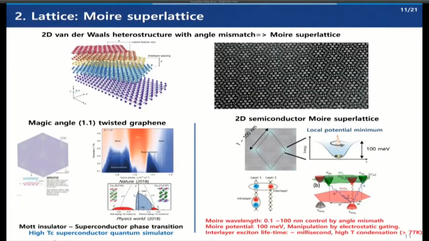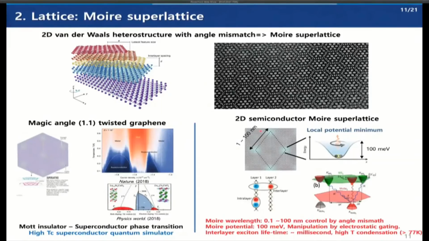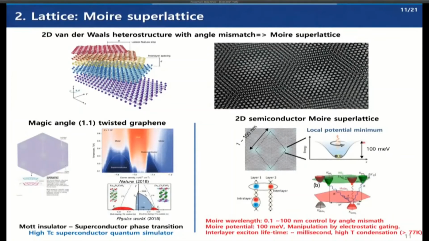We will use 2D semiconductors with a small angle mismatch, and then we form this kind of Moire pattern. Due to the interlayer exciton interaction, the Moire pattern naturally forms local potential minima, and the excitons will condense at the minimum potential.